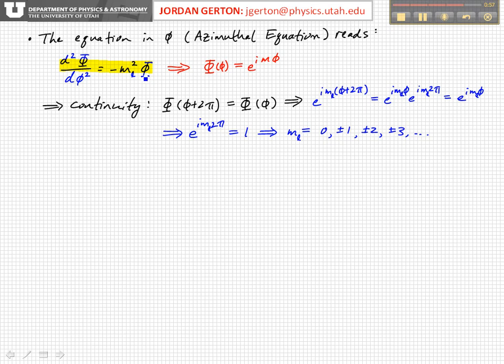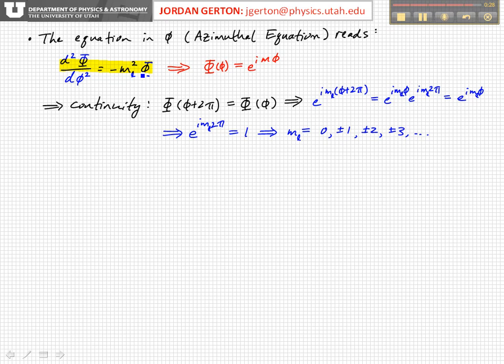We don't know at the moment whether m sub l squared is positive or negative, but we can guess that it has to be positive. That is, minus m sub l squared has to be negative, because that would give us oscillatory solutions, whereas if minus m sub l squared was positive, meaning that m sub l squared was negative, that would give us exponentially decaying solutions.